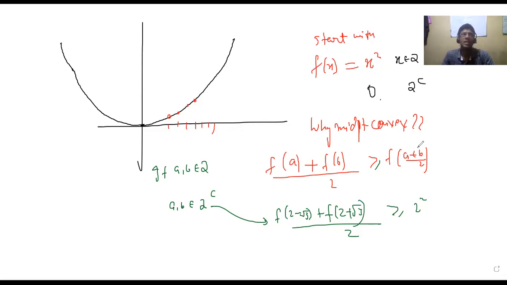But essentially, you get a set of points. The point is that you can get a dense set of points where midpoint convexity implies convexity. What is that dense set of points? The points in which the denominators are powers of 2. That you can show, right? Midpoint convexity implies that for numbers of that form.